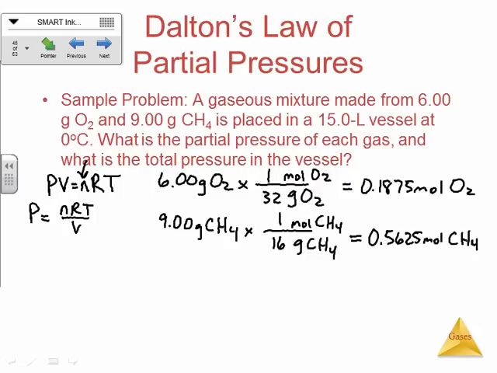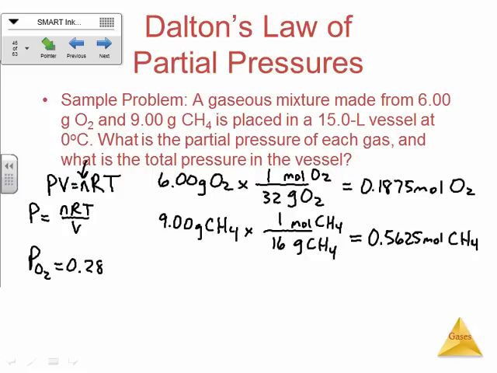So the pressure of the oxygen here is going to be 0.1875 moles times 0.08206 times our temperature, which is going to be 273 because it's at 0 Celsius. And then we're going to divide that by the volume, which is 15 liters. So our pressure for oxygen is going to be 0.28.